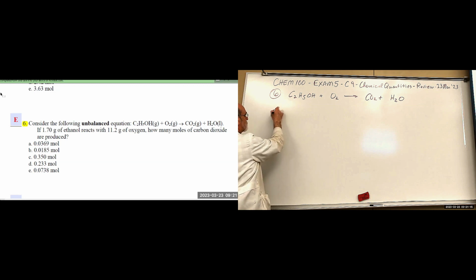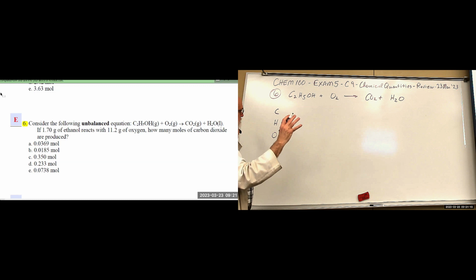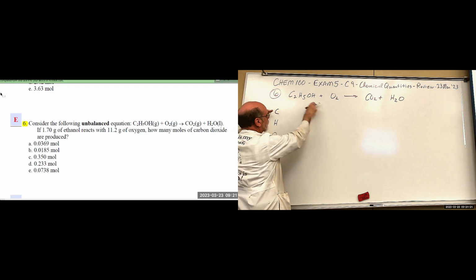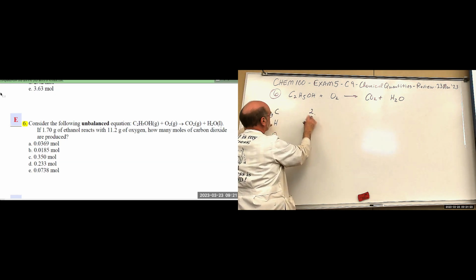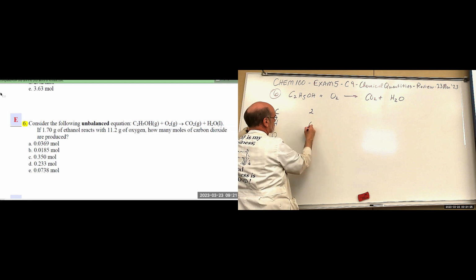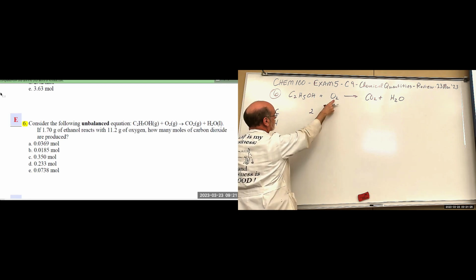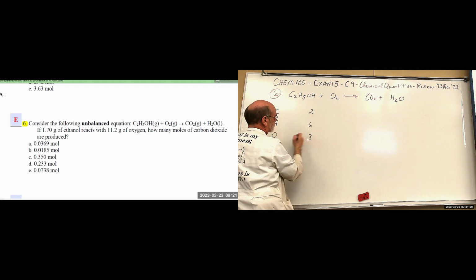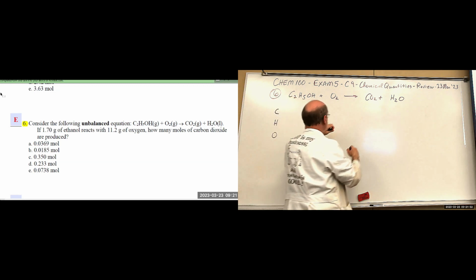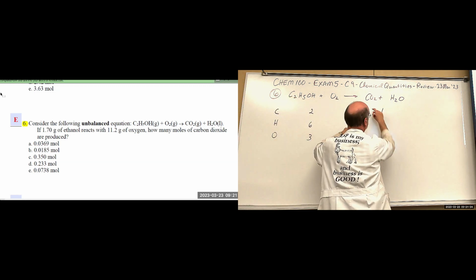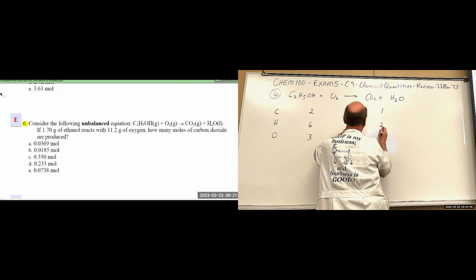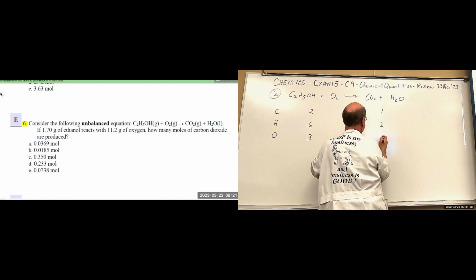We have carbon, hydrogen, and oxygen. That's it. So we have 2 carbons on this side. We have 6 hydrogens, and we have 3 oxygens. Then on the other side, we have 1 carbon, 2 hydrogens, and 3 oxygens.